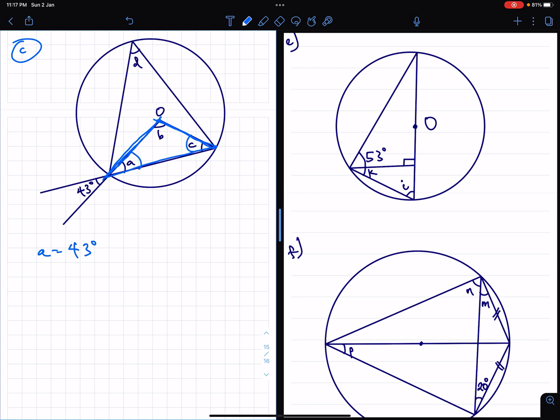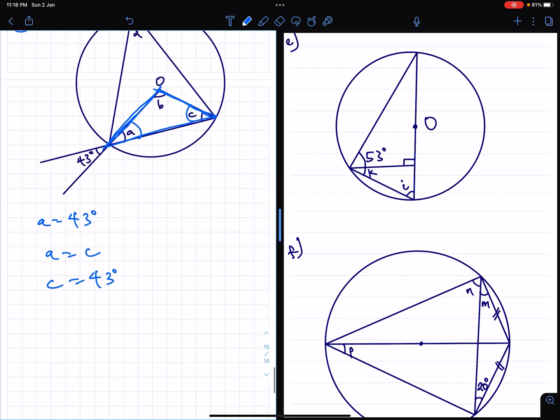So A and C are the same, so C is also 43 degrees. A equals C because they are base angles of this isosceles triangle.